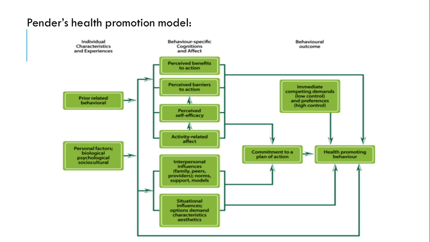So according to the health promotion model, various factors will affect the health promotion of a person. So as a community health nurse, you can change these behaviors through your nursing interventions.